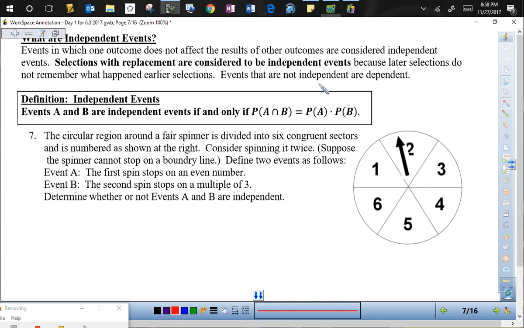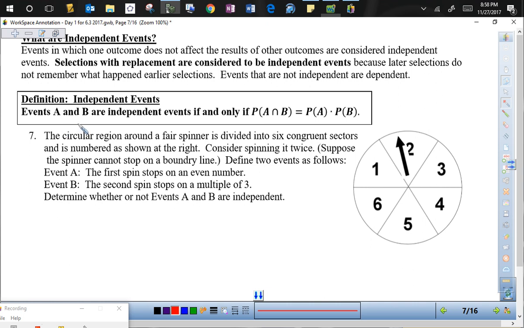Now, if it's not independent, then of course the events are considered dependent. It's not always easy to determine whether events are dependent or independent just by looking at them or thinking about them. For that reason, we have a mathematical definition.